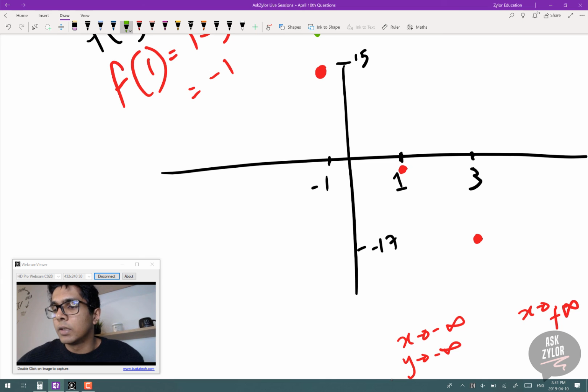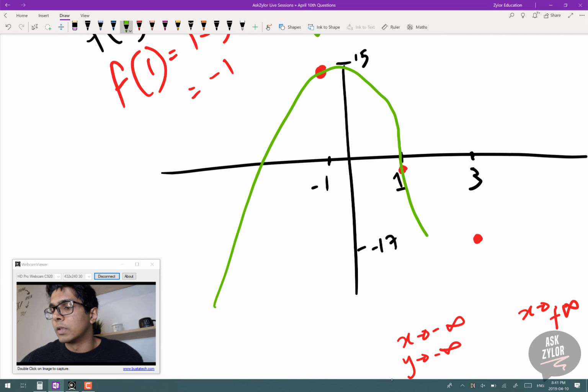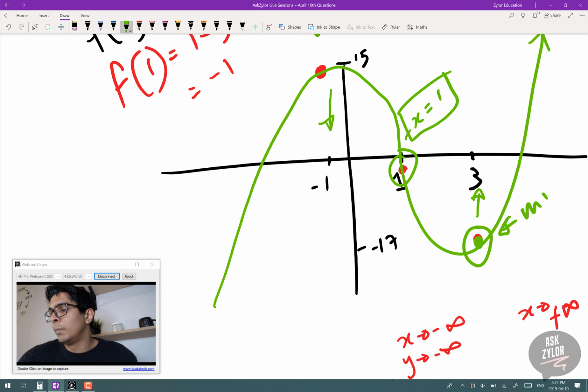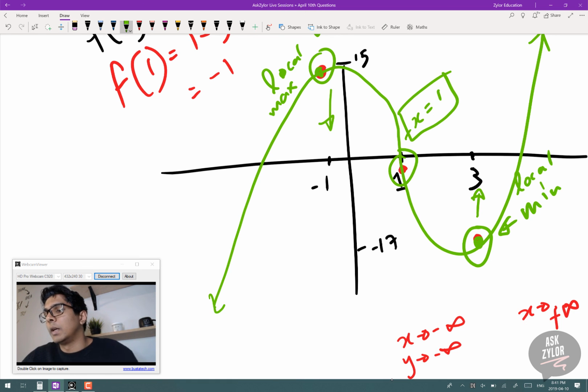So if I connect all the dots, I should get something similar to this, where at x is equal to 1 it's an inflection point, going from concave down to concave up, and I have a local minimum at x is equal to 3 and a local maximum at x is equal to negative 1. They're locals because I have values that are bigger than my local maximum and values that are smaller than my local minimum.